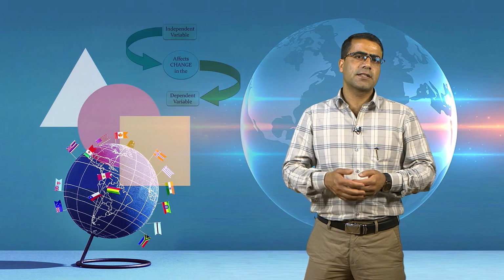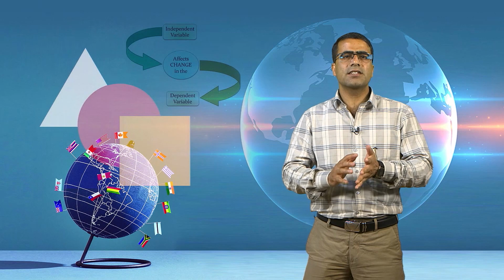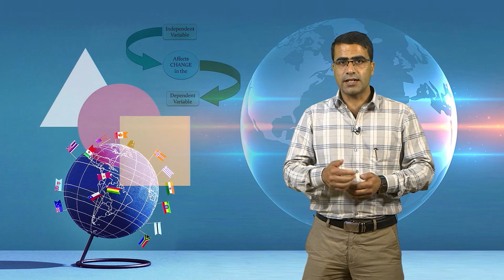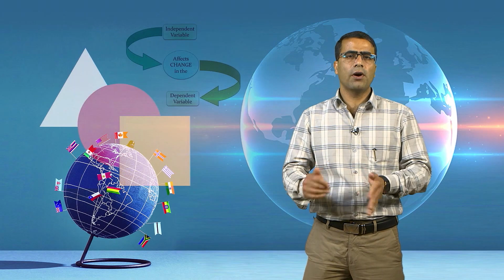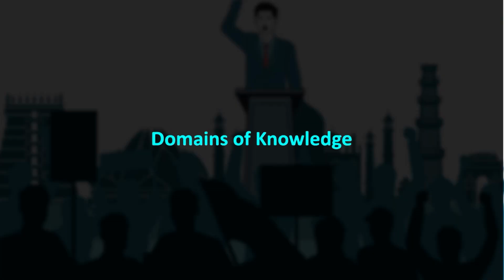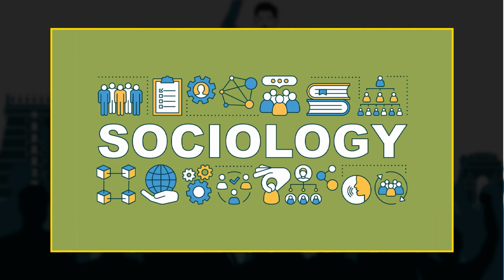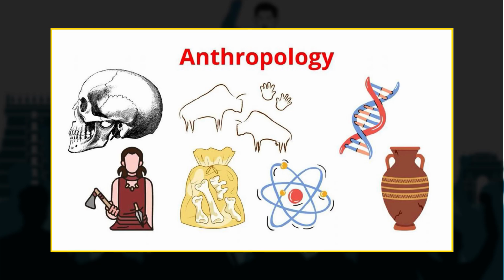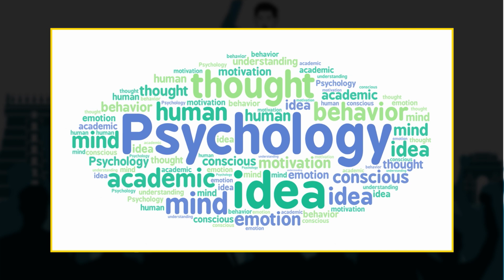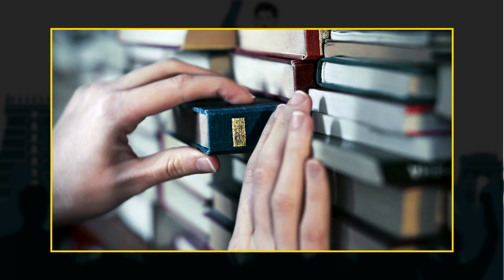It may be pointed out that various methods may use comparisons to varying degrees, because comparative method is not the monopoly of the comparative politics alone. It is used in all domains of knowledge to study physical, human, and social phenomena. Sociology, history, anthropology, psychology, literature, and so on use it with similar confidence.